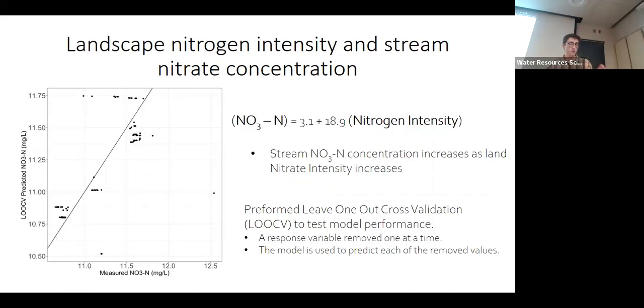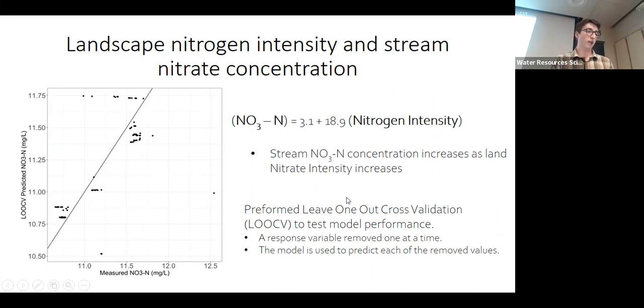So, the first thing we decided to do was a simple model to look at how this nitrogen intensity value is affecting the nitrate concentration measured in the stream. And we see that the stream nitrate concentration increases as the land nitrogen intensity increases. We performed leave-one-out cross-validation to test the model performance.